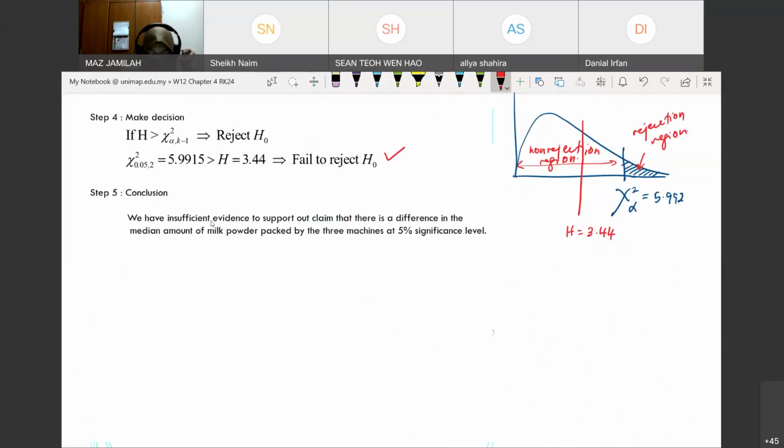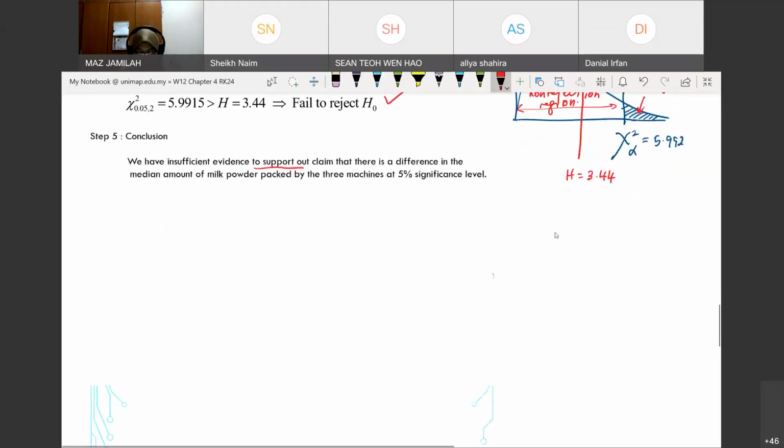So we have insufficient evidence to support our claim. Since our claim is the alternative statement, we have insufficient evidence to support it. What was our claim? That there is a difference in the median amount of milk powder packed by the three machines at 5% significance level. Okay, do you have any questions, class?